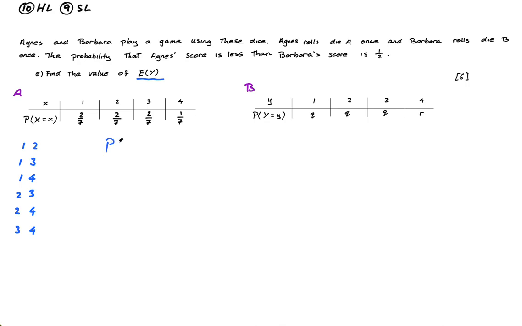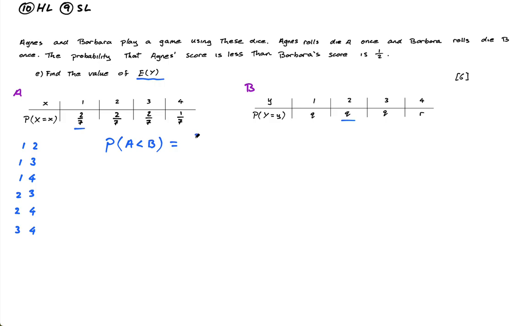Now the probability that A is less than B, that's Agnes's score is less than Barbara's score, is a 1 and a 2. So she needs to get a 1 and she needs to get a 2. We have this times this, because they're independent, you just multiply the probabilities. And yes, of course they're independent, we're just rolling dice.